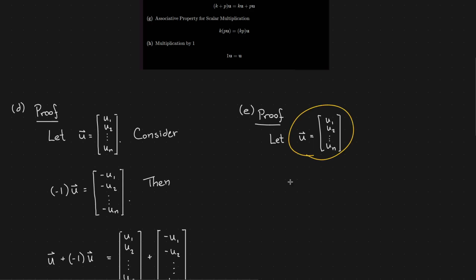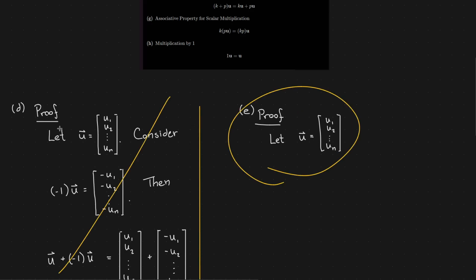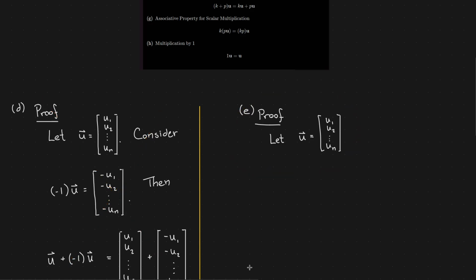So this vector u isn't the same as this vector u, totally separate. Okay, so when you get to this proof over here, totally ignore what's over here. Not that it's incorrect, but we're on a different problem. Okay, so let u equal u1 to un, and v equal v1 to vn.